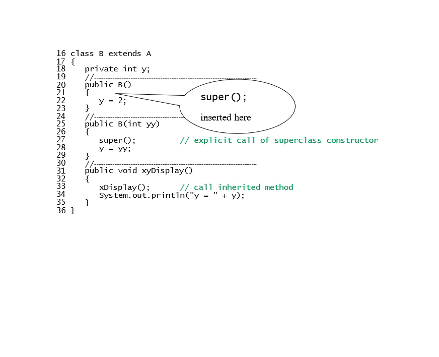Now here we have the definition of class B, which is a subclass of the A class, and it has two constructors. The first one that starts on line 20 just always initializes the instance variable to 2. The second one that starts on line 25, when it is invoked, some value is passed, which is automatically assigned to YY, which is then used to initialize Y on line 28.